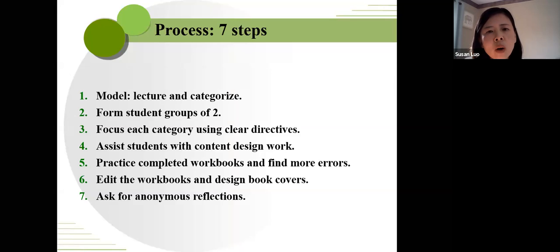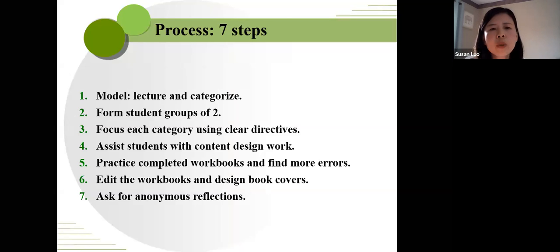If you have more, they can't get things done. Too much discussion going on and nothing gets done. So two students are usually the best. And focus on each category using clear directives. So what does that mean? If you are teaching verbs, then for this chapter, when students design their own workbook, just focus on verbs.